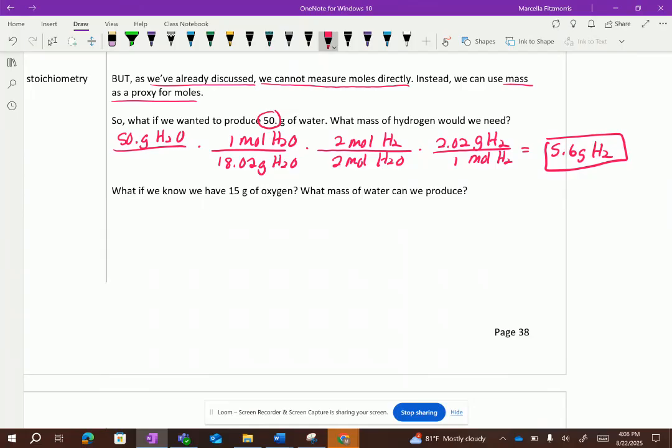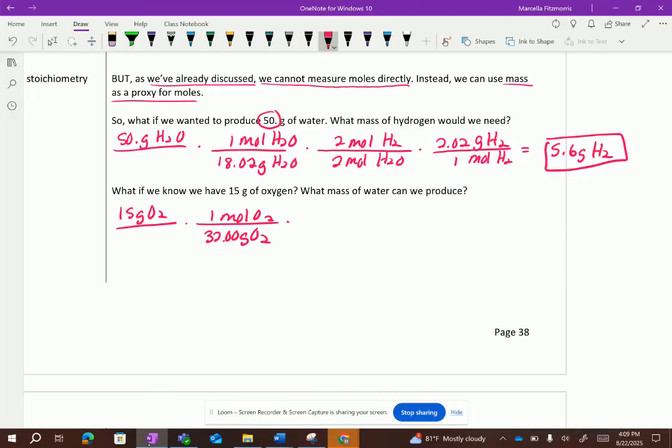All right, next, we have 15 grams of oxygen. We have to go to moles first, using the molar mass. And we know that 32.00 grams of oxygen produces 1 mole of oxygen.